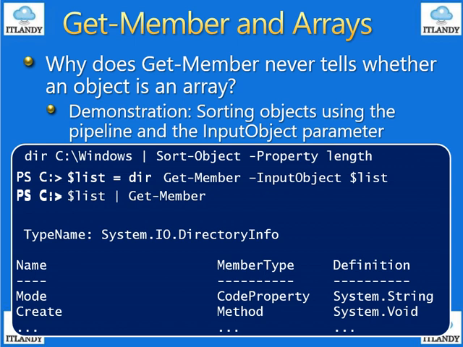Piping objects to a command is much like using a parameter of the command to submit the object. However, there is an important difference. When you pipe multiple objects to a command, Windows PowerShell sends the objects to the command one at a time.